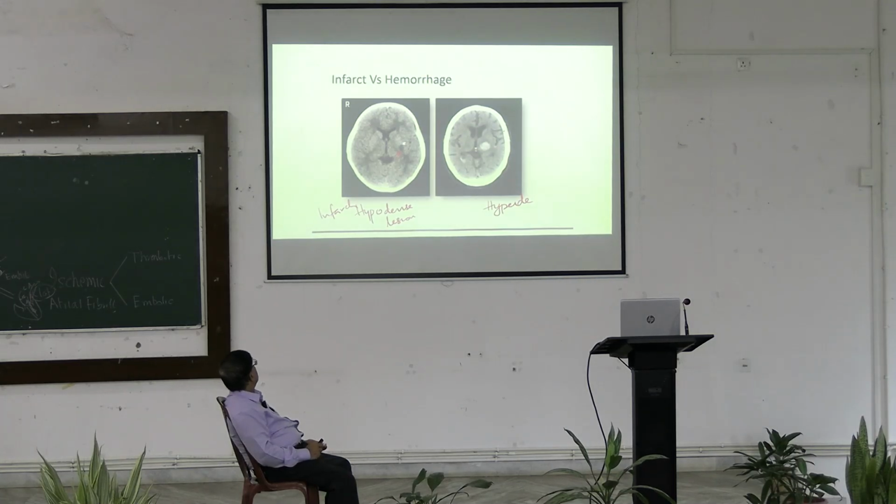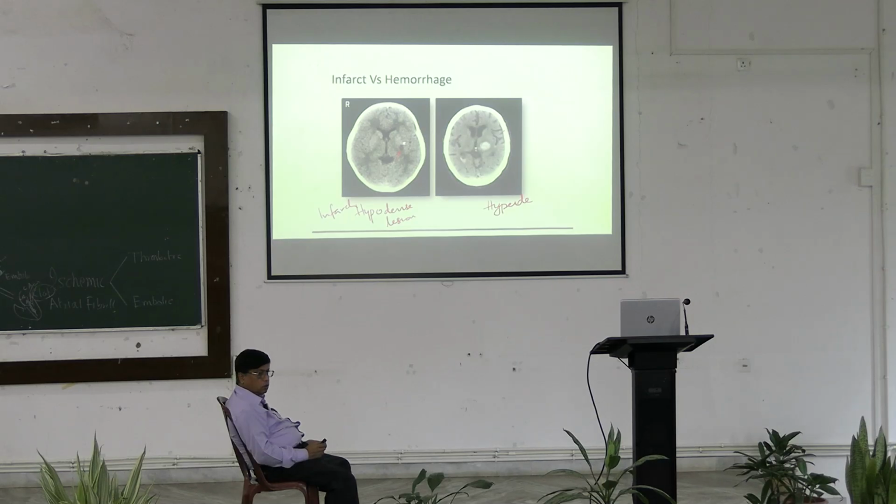Now, this is the picture, infarct versus hemorrhage. See, this is a hypodense area, black area. This is ischemic stroke. This is a hyperdense area. This is hemorrhagic stroke. So, before giving thrombolytic drugs, you should exclude hemorrhage.